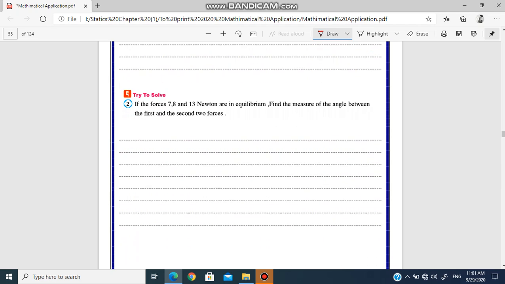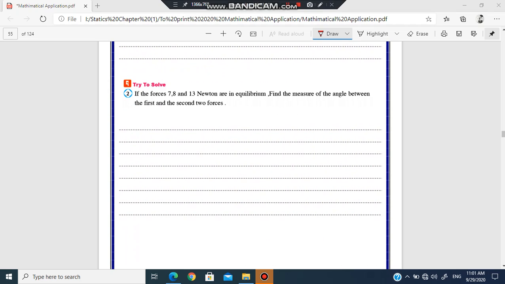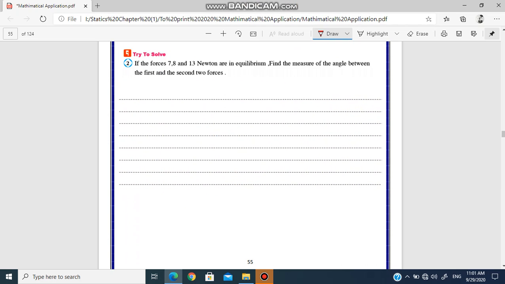Example number 2. If the forces 7, 8 and 13 are in equilibrium, find the measure of the angle between the first and the second forces. The first force is 7 and the second force is 8.